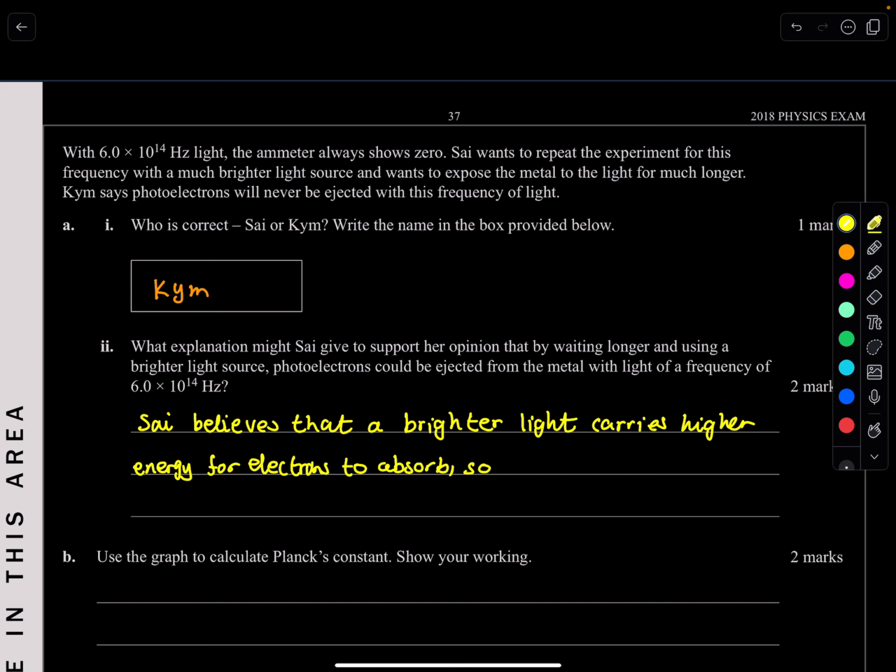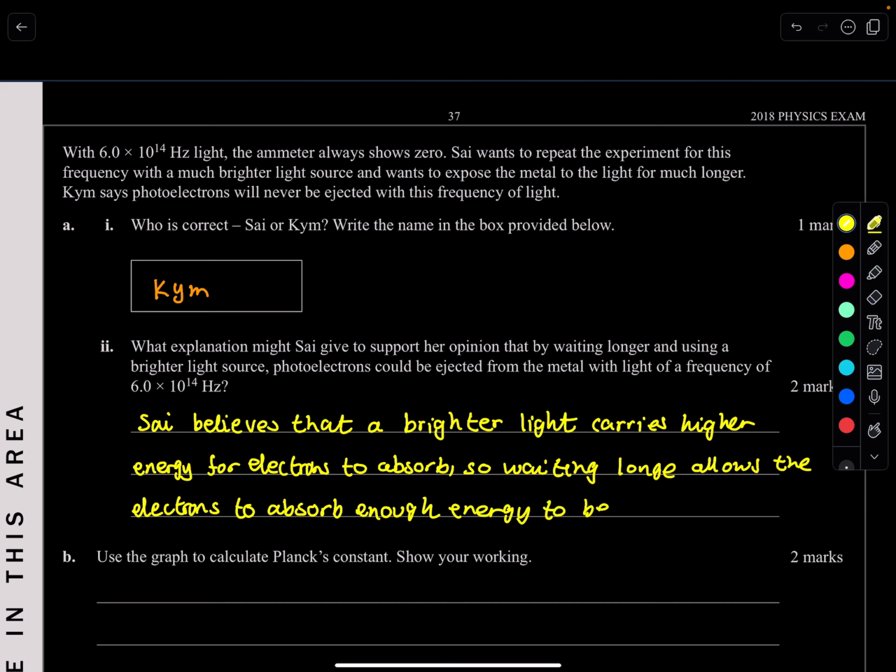So waiting longer allows the electrons to absorb enough energy to be emitted. That's what she's believing.